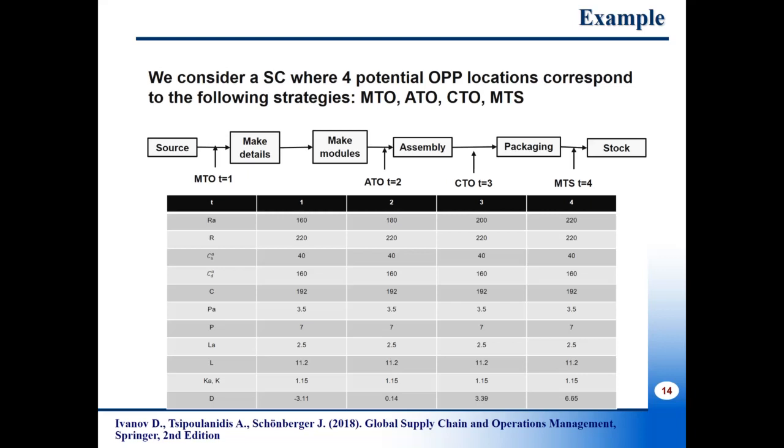And then in the manufacturing part, the supply chain makes details, and from those details or spare parts, they assemble to make modules. And delivery from each module to be assembled into final products using assemble to order strategies takes 2 days.